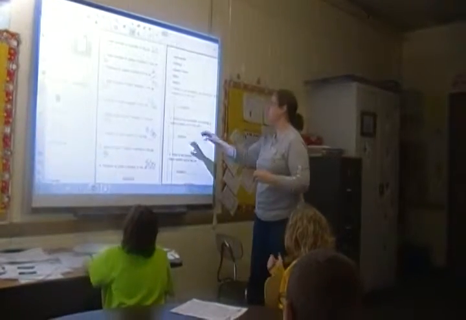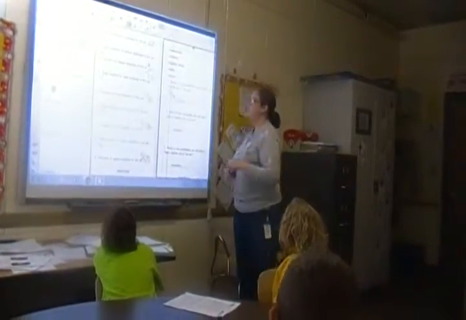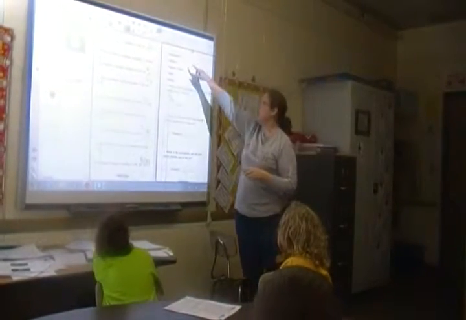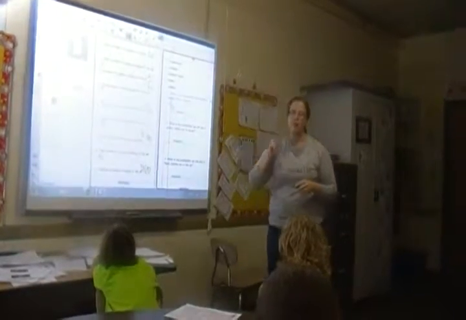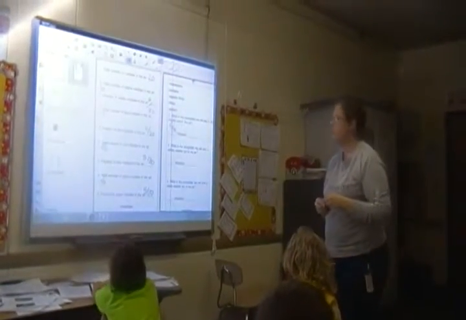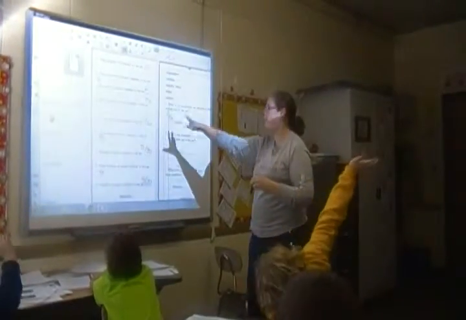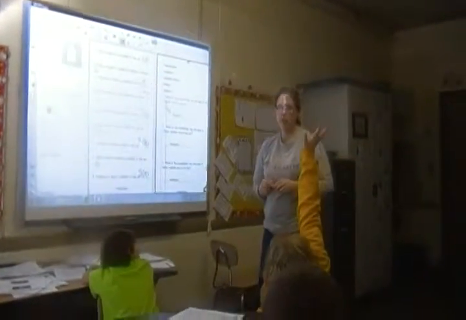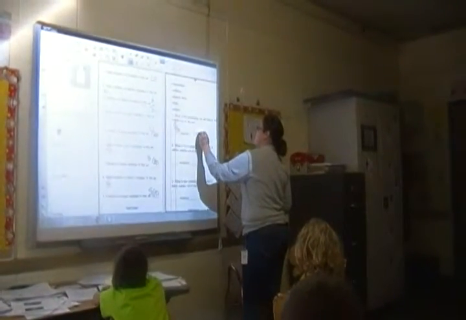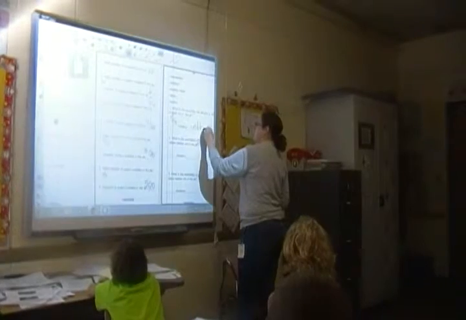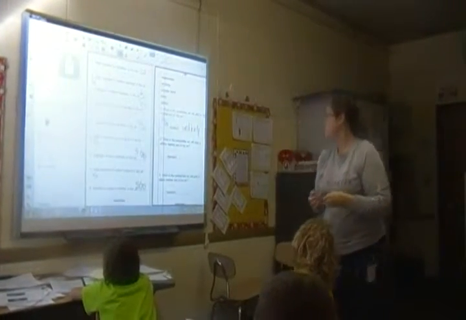So if we have 5 out of 20, do you think it's impossible, unlikely, equally likely, likely, or certain? If it was equally likely, it would mean there were 5 of all that color. Unlikely, because there's 5 out of 5 different colors.